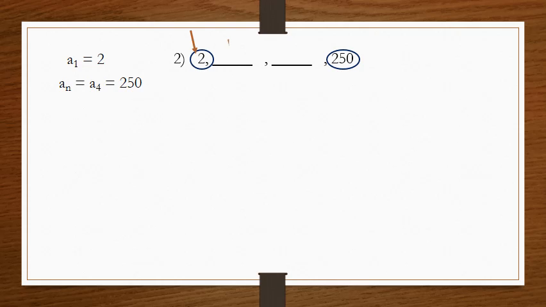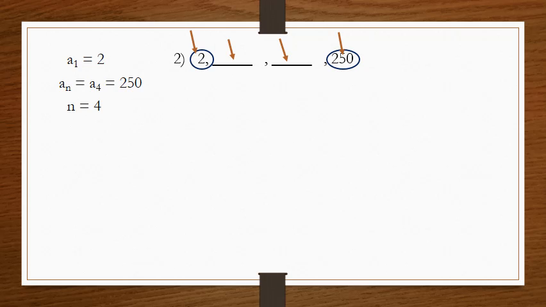Okay. So ngayon, let us have example na kung saan ay meron tayong dalawang unknown na geometric mean. So we have 2, blank, blank, and 250. So if you're going to identify the given, 2 is the first term, then we have a sub n, which is a sub 4, equal to 250. And the number of terms, kung bibilangin natin, we have 1, 2, 3, and 4.